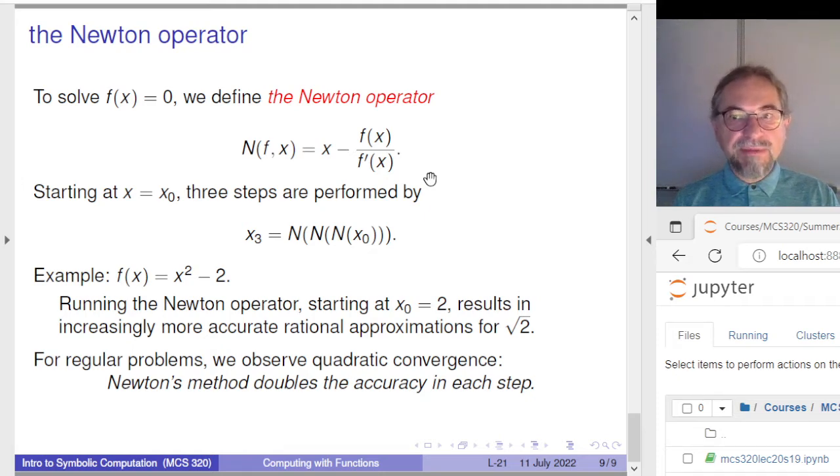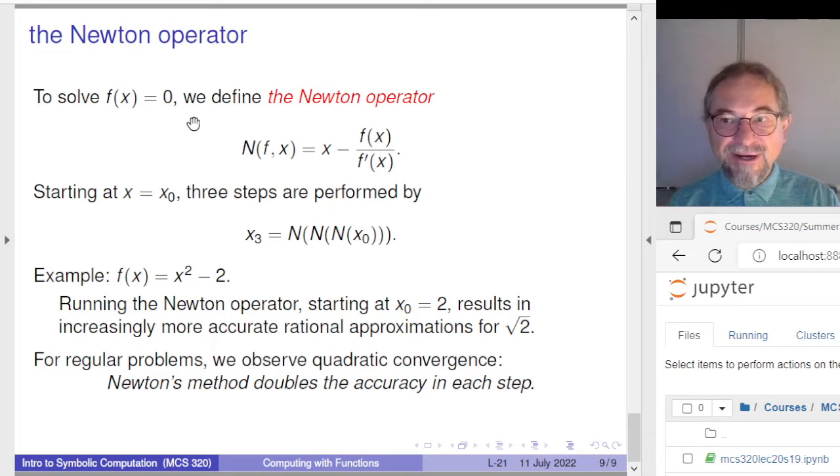Running this Newton's method will, when one starts sufficiently close to an actual root, so we are solving an equation, converge quadratically. We will illustrate this with an application of finding increasingly more accurate approximations for the square root of 2.